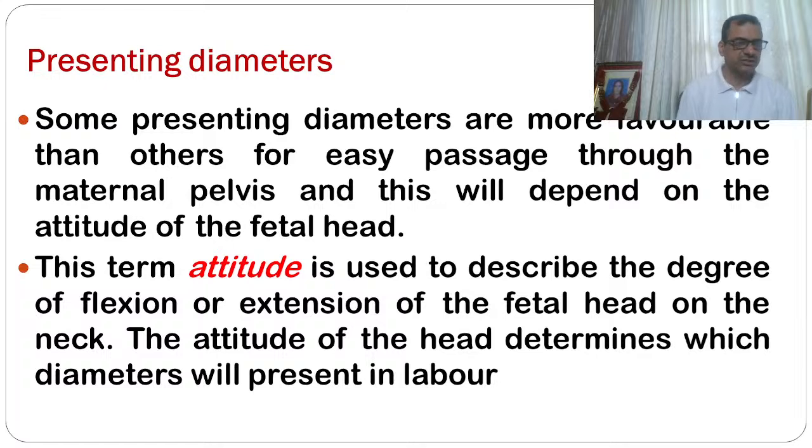So here the question arises, what is attitude? The term attitude is used when we describe the degree of flexion or extension of fetal head on the neck. The attitude of the head determines which diameter will present in labor.